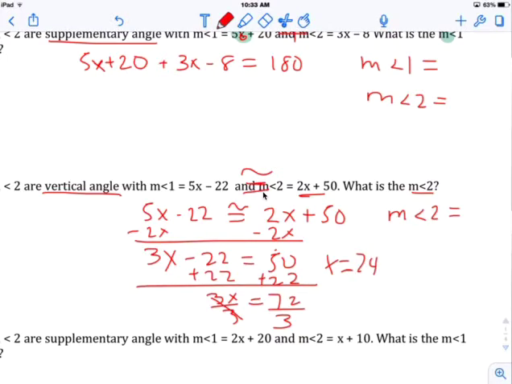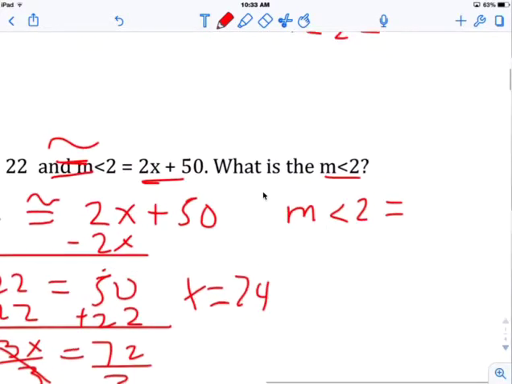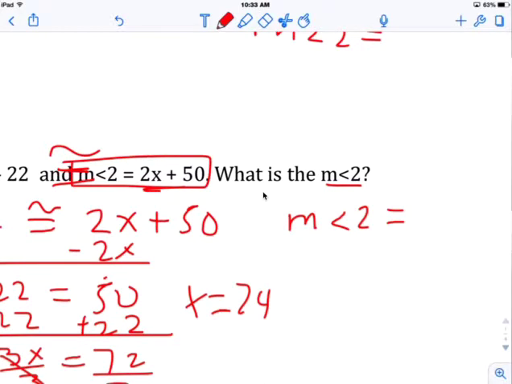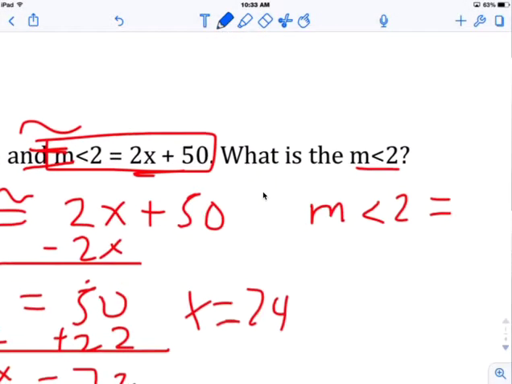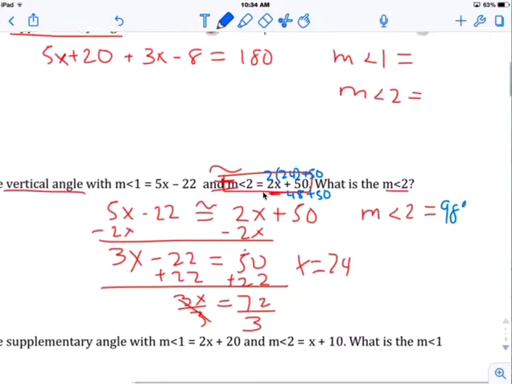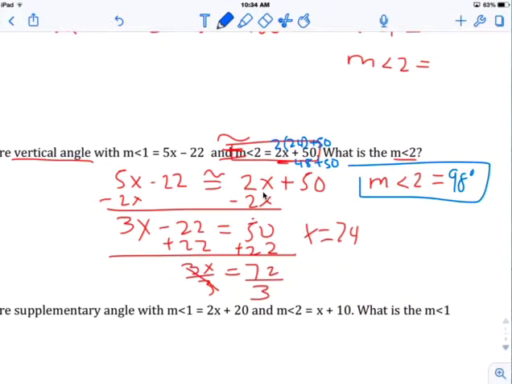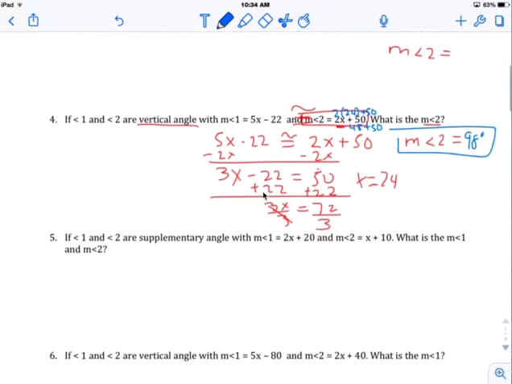So if x is 24, what is the measurement of angle 2? Well, the measurement of angle 2 is 2x plus 50. So 2 times 24 is 48, plus 50, which is 98 degrees. That's the measurement of angle 2. Okay, that's how you do that.